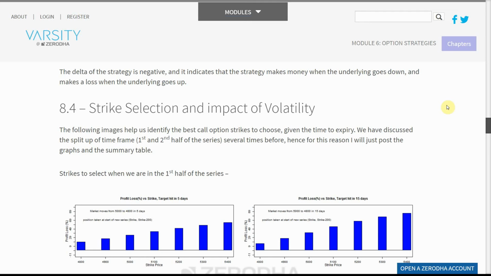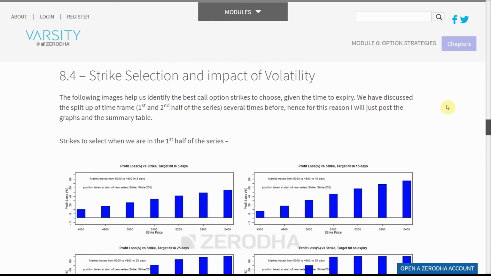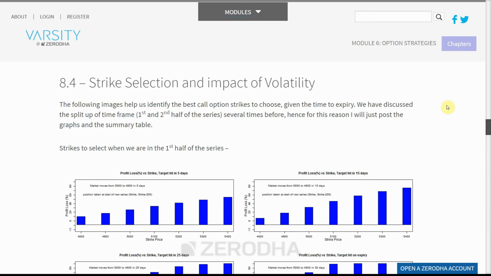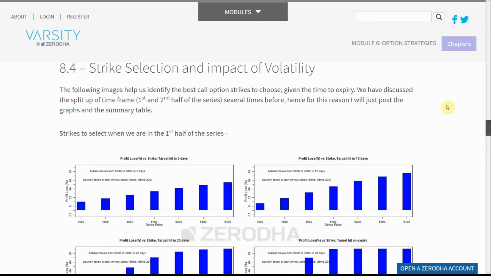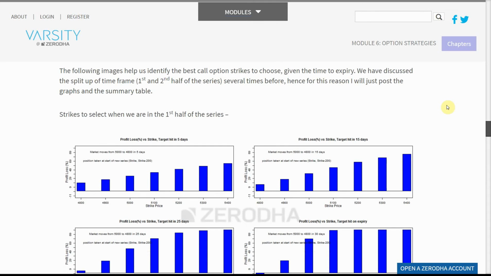8.4 Strike selection and impact of volatility. The following images help us identify the best call option strikes to choose, given the time to expiry. We have discussed the split up of time frame, first and second half of the series, several times before. Hence, for this reason, I will just post the graphs and the summary table.